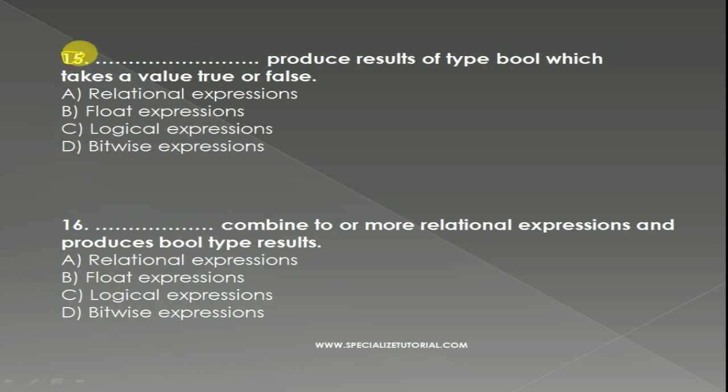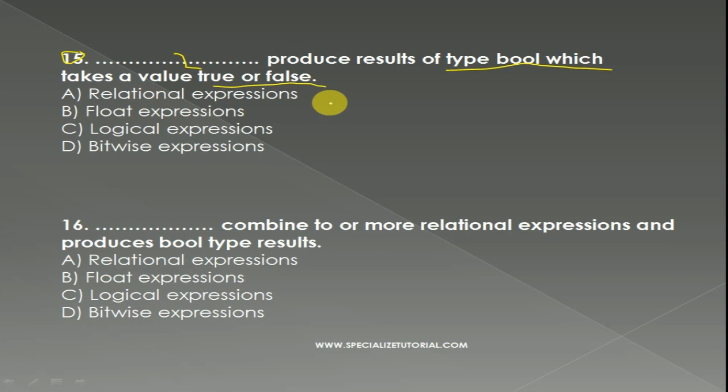Now take the next question, question number 15: what produces a result of type bool which takes the value true or false? Relational expressions, float expressions, logical expressions, and bitwise expressions.